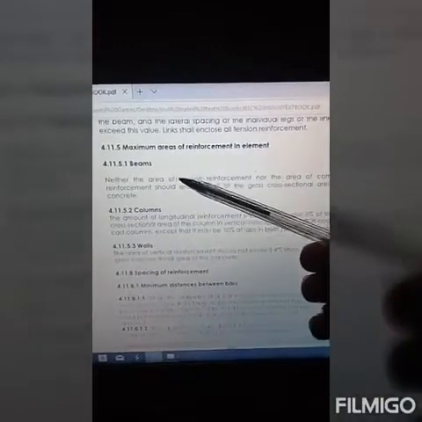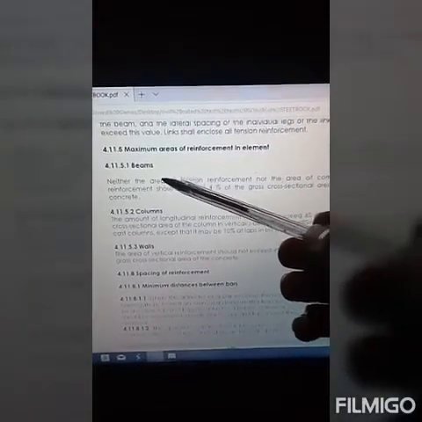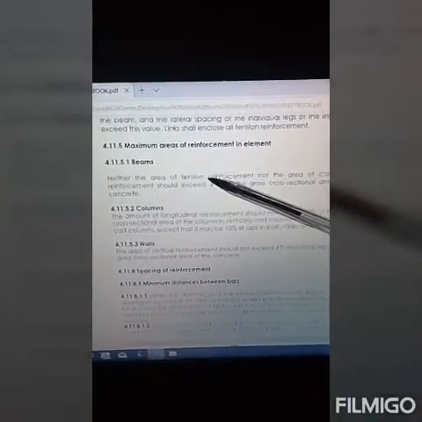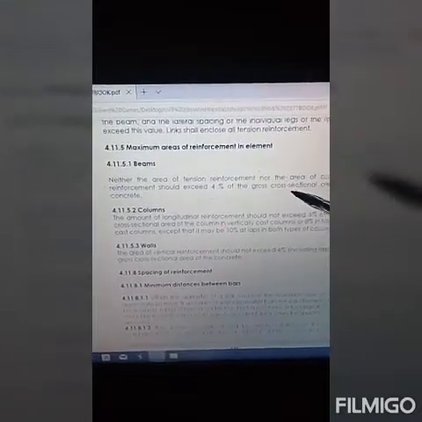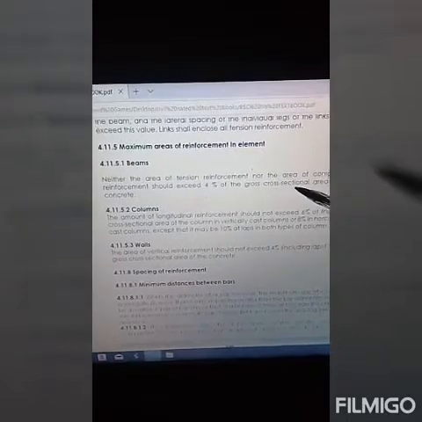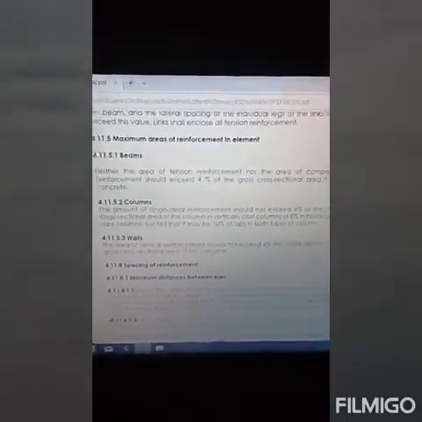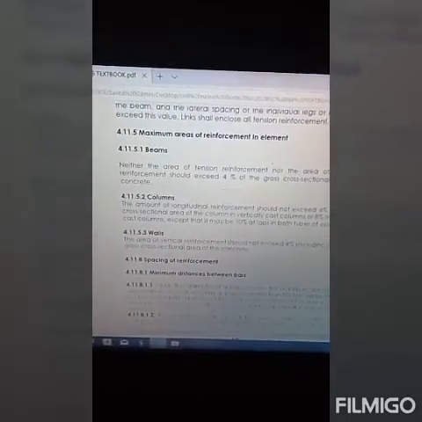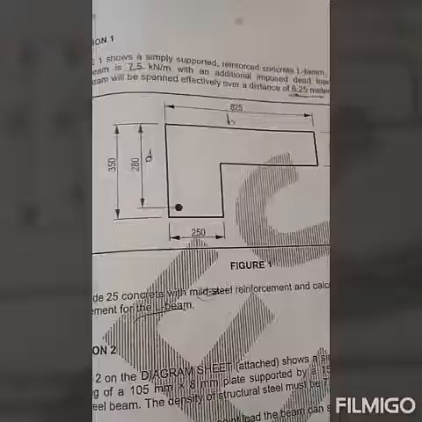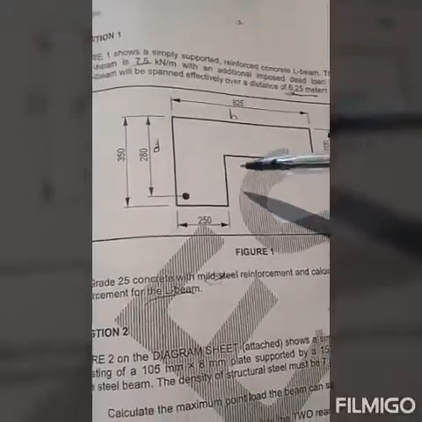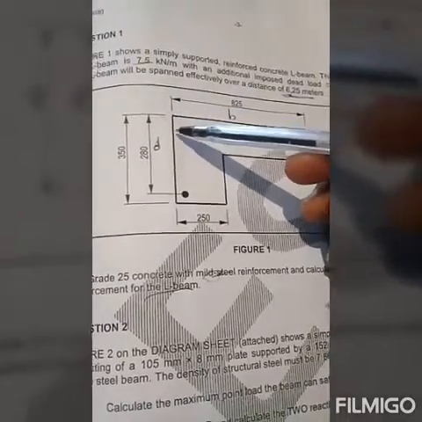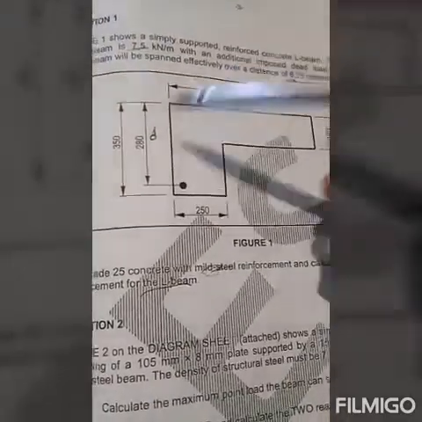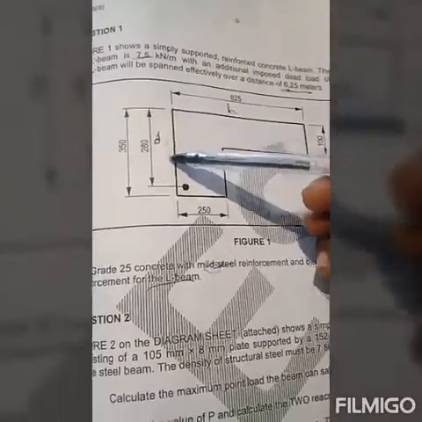Ladies and gentlemen, this is our gross cross-sectional area of the concrete.